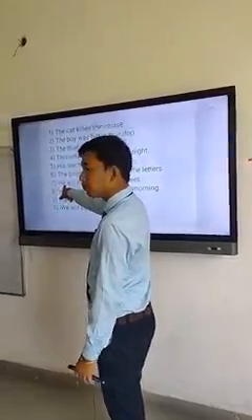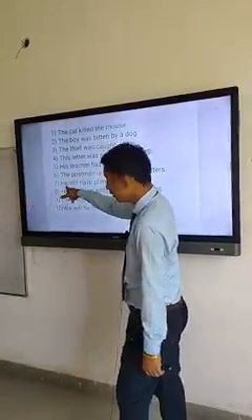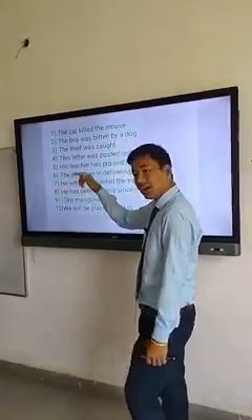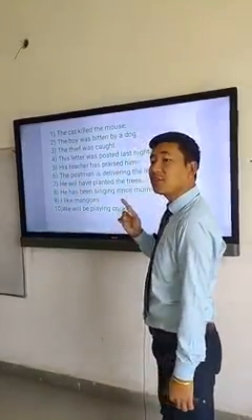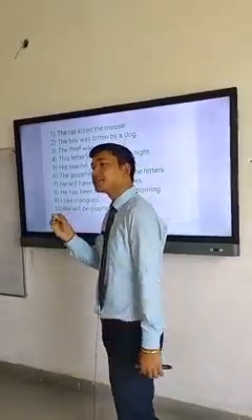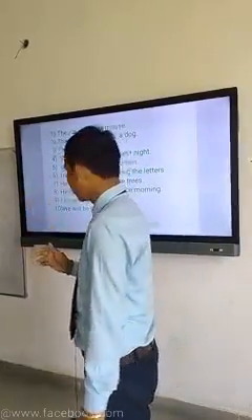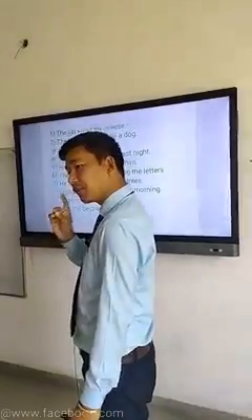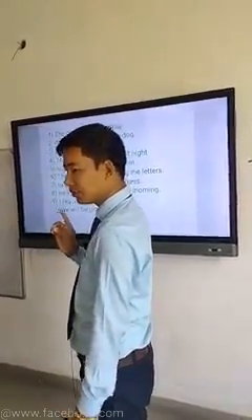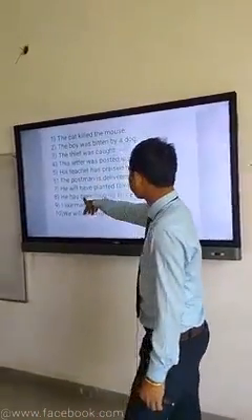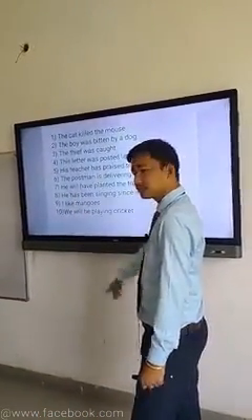Now subject he plus will plus have plus V3 plus object is the structure of future perfect tense active voice. Okay? Future perfect tense passive voice has another structure. I hope you know them, okay? Please take a seat.